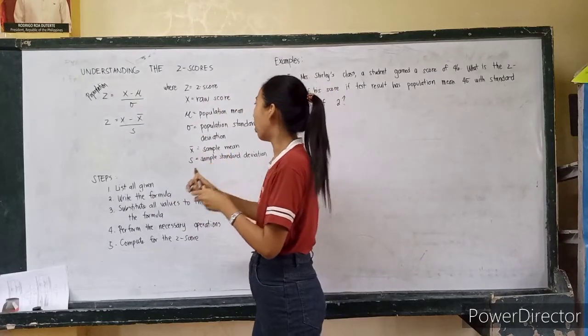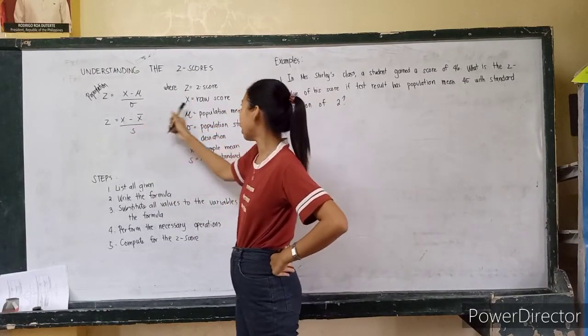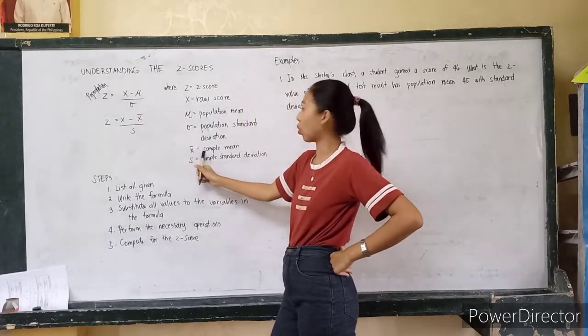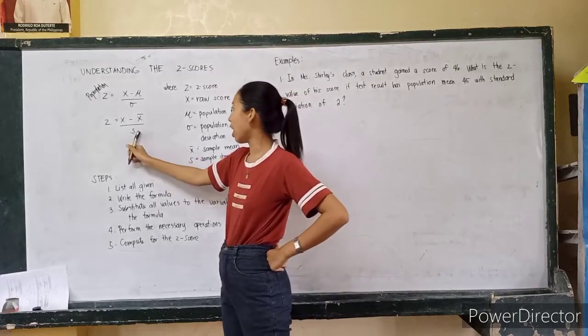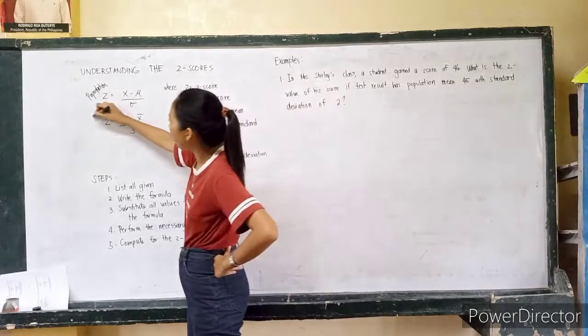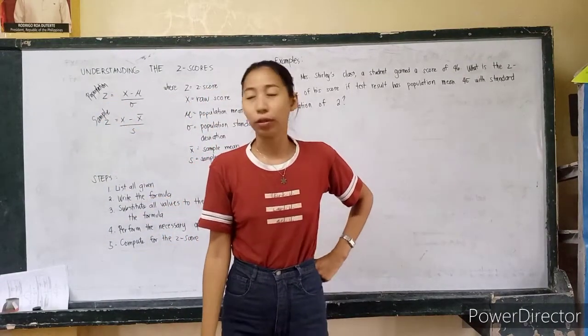Okay? The other one, z is still z-score, x is still raw score, minus x bar. X bar means your sample mean, and s means your sample standard deviation. Therefore, this involves data from your sample.